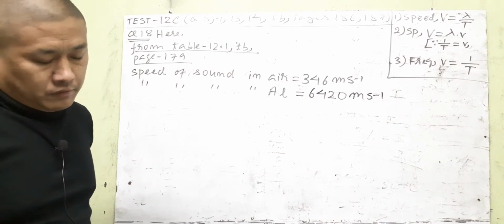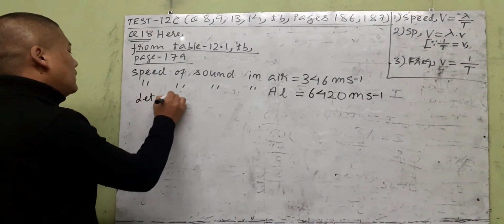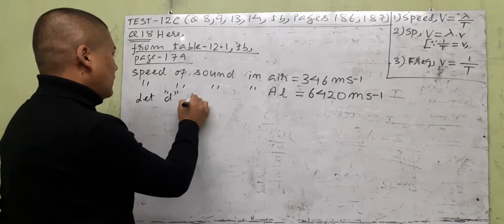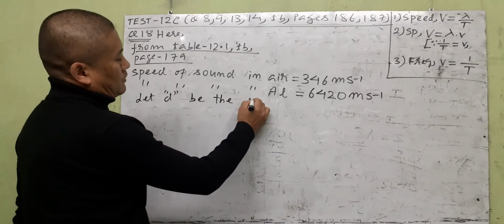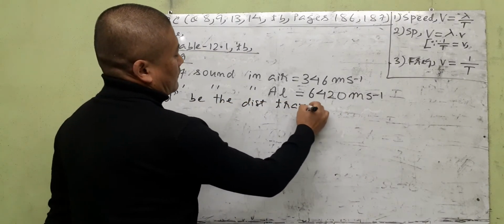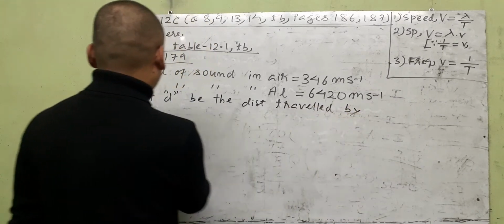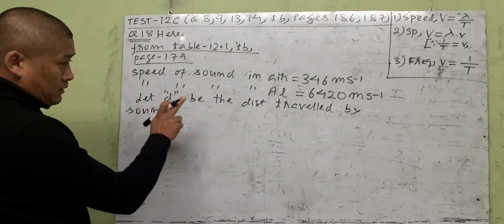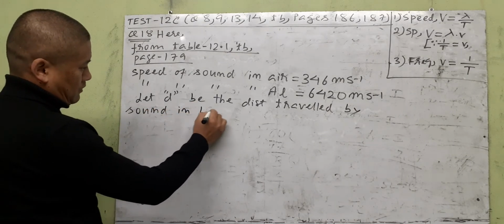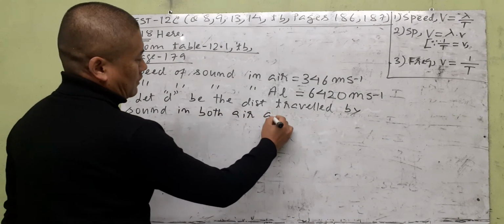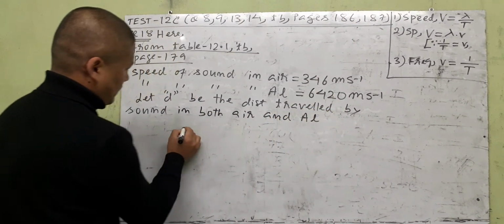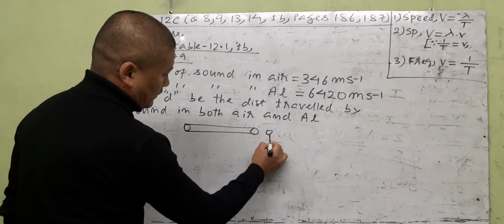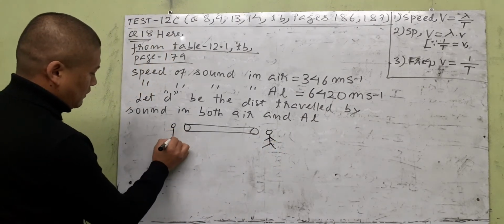Just a side information. Now let us assume here, let d, small d, be the distance traveled by this sound that is produced by striking the aluminium rod, distance traveled by sound in both air as well as aluminium. So you would imagine, suppose this is the aluminium rod, one child is here, the other child is here.